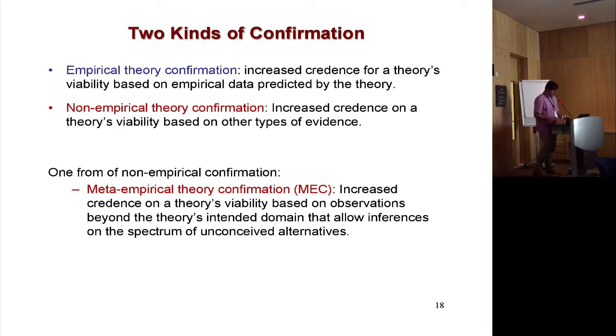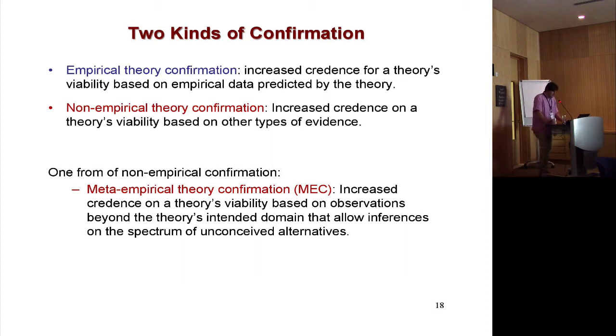Since non-empirical theory confirmation may cover lots of things, recently I've come to specify the three, in my understanding, most important forms of non-empirical theory confirmation, to characterize them with a specific name, which is meta-empirical theory confirmation.